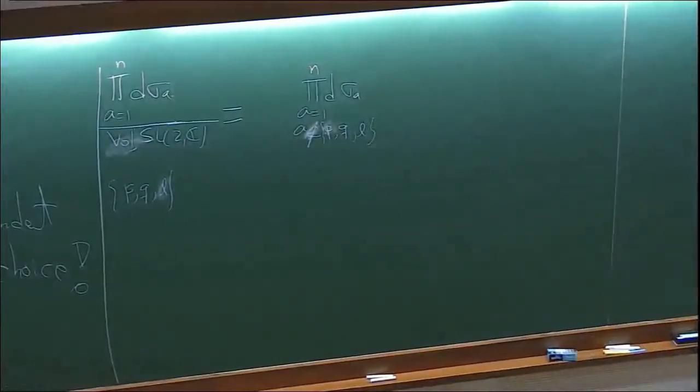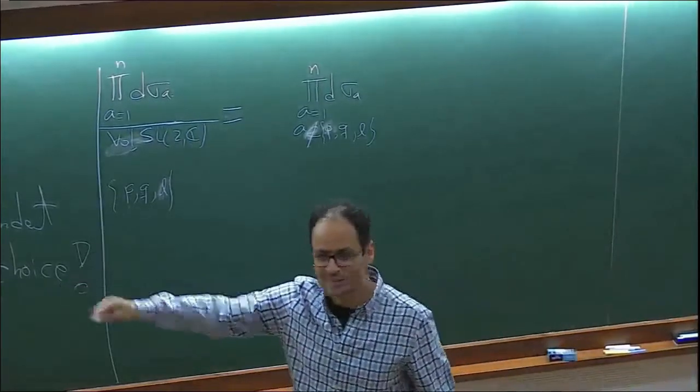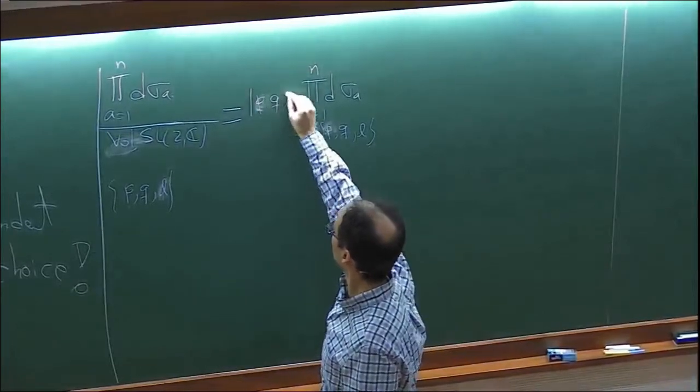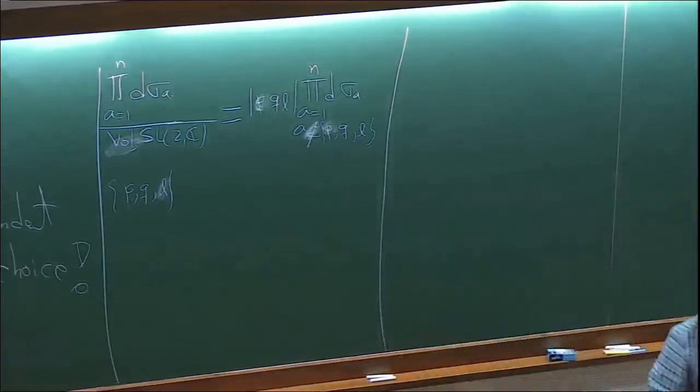And quite nicely, the price you pay, the Faddeev-Popov Jacobian, is exactly the same as in this case. Okay?